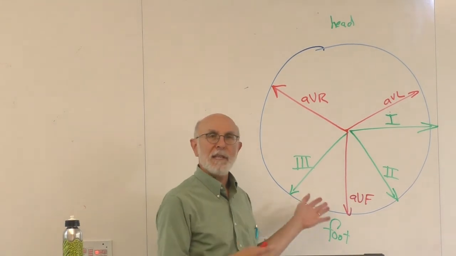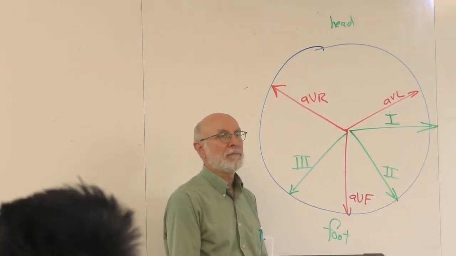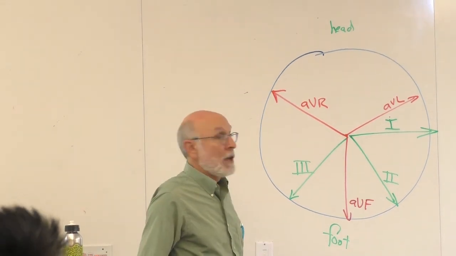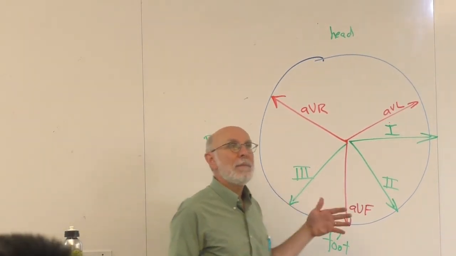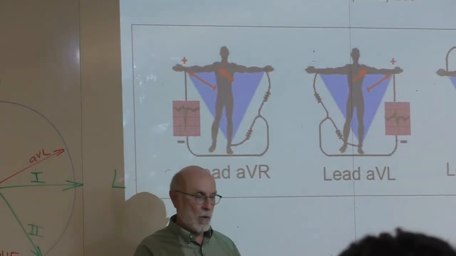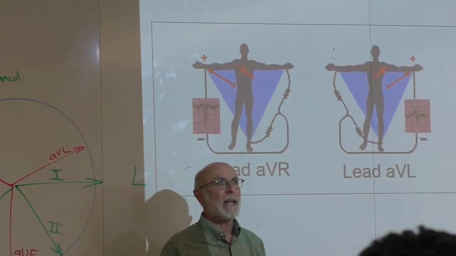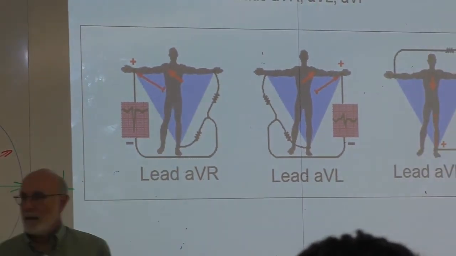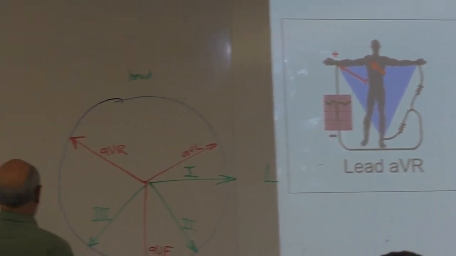So there's redundancy in order to gather more information. So these are the so-called limb leads because you can connect to the wrist or to the limb, arms and legs, and gather information about the heart and the chest. So these are called the limb leads.